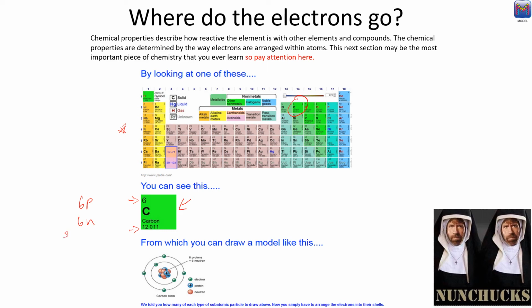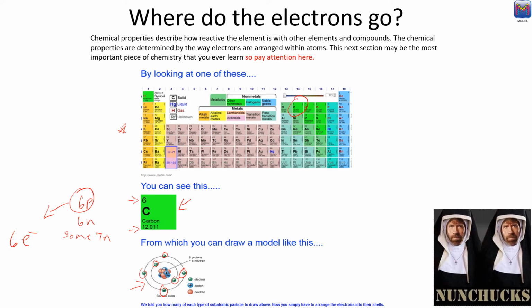Some of them have 7 neutrons, that's an isotope. Because there are 6 protons, there must be 6 electrons, and we draw them around the outside, and that's what we've drawn here. 1, 2, 3, 4, 5, 6 electrons around the outside.